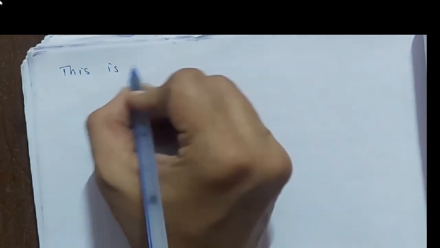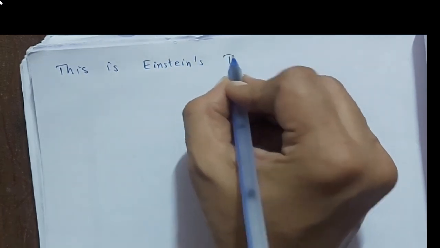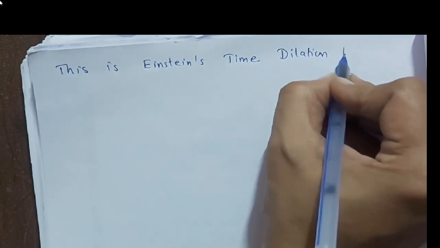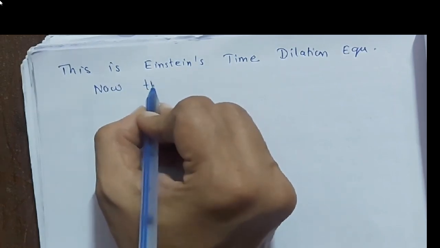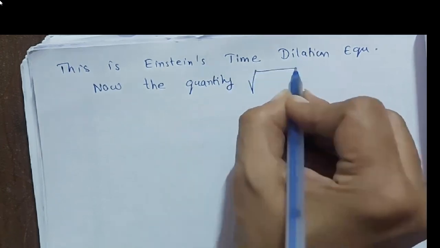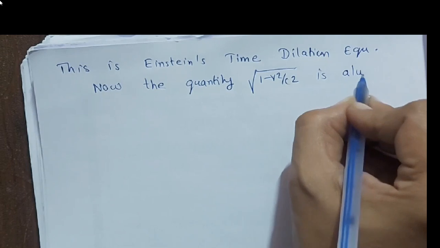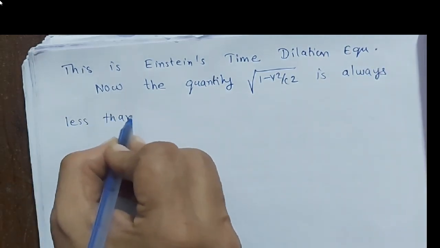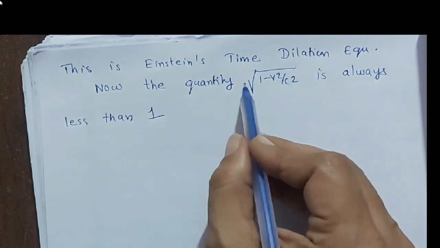This is Einstein's time dilation equation. Now, the quantity under root 1 minus v square upon c square is always less than 1. 1 minus something means it is always less, and that too under root.